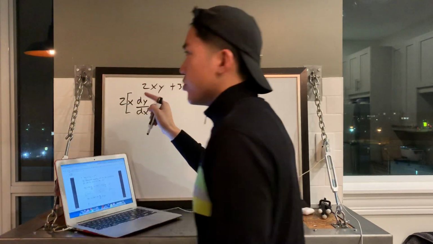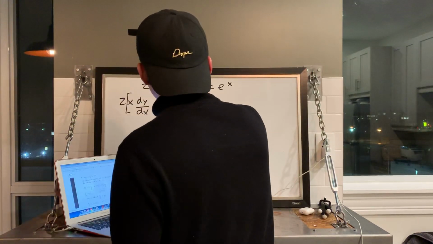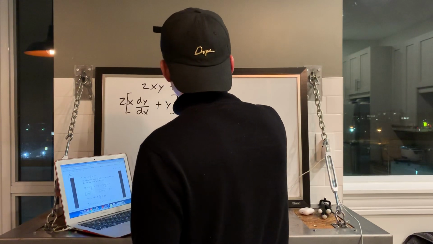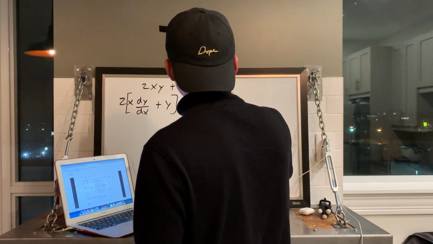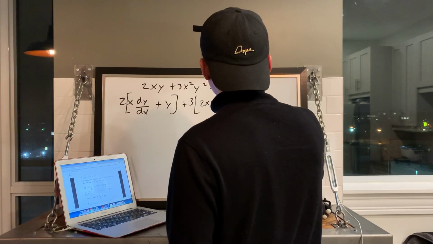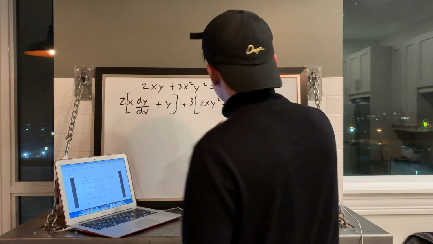And then you would also just do y, plus 3, 2x y squared plus x squared 2y dy dx equals e to the x.